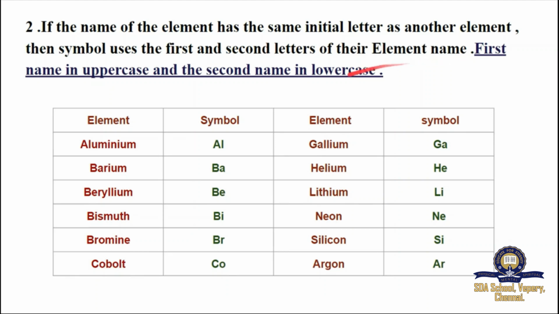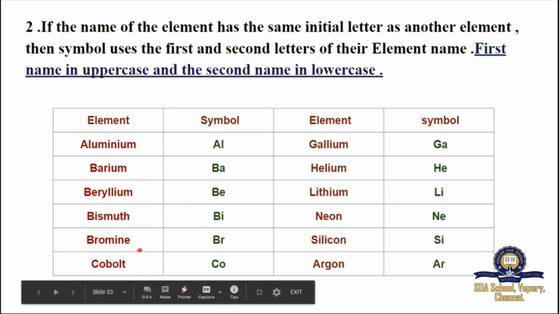In that case, the first letter is in uppercase and the second letter in lowercase. See, for the element aluminium, the symbol is Al. For barium, the symbol is Ba. For beryllium, the symbol is Be. For bismuth, the symbol is Bi. For bromine, the symbol is Br. For cobalt, the symbol is Co. For gallium, the symbol is Ga.